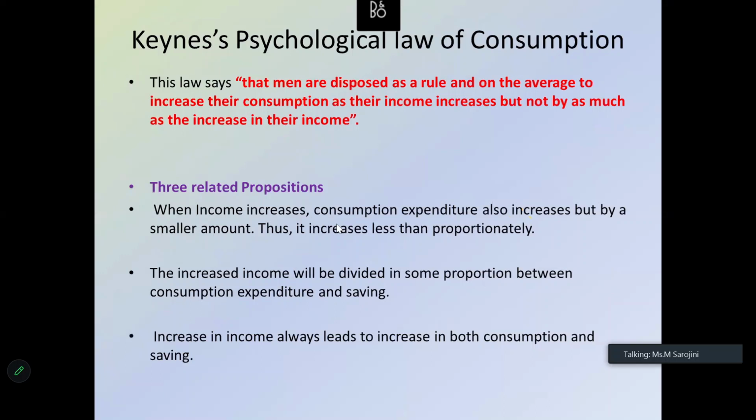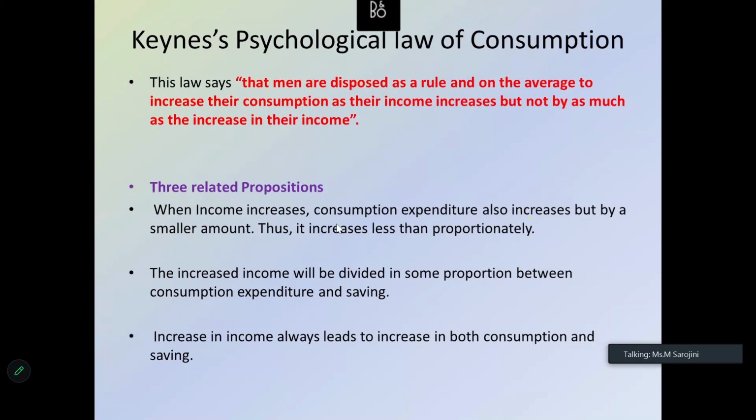Here, the income increases by 60, the consumption increases only 50. The 10 is there from the income. So the income is divided for saving as well. Therefore, increased income is divided for consumption as well as savings.